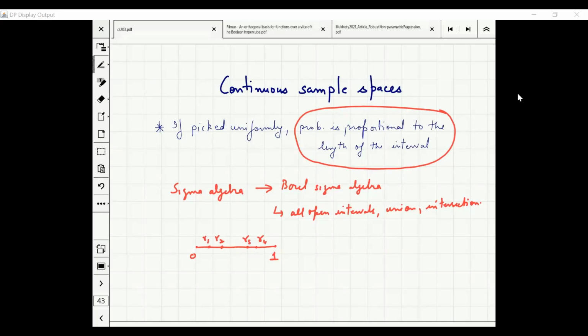See again, it's not going to matter, because the probability of picking something in 0.5 is going to be the same as 0.5. So this technical detail about what exact elements are there in the Borel sigma algebra is more of a mathematical question which people bother about, but you can definitely figure that out.